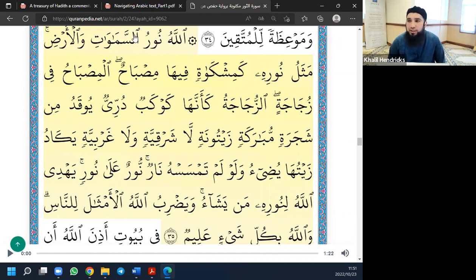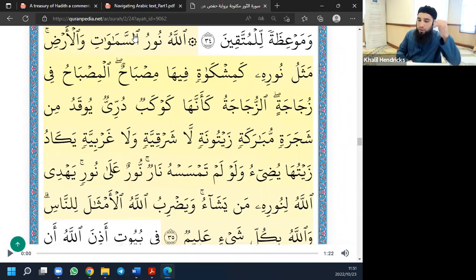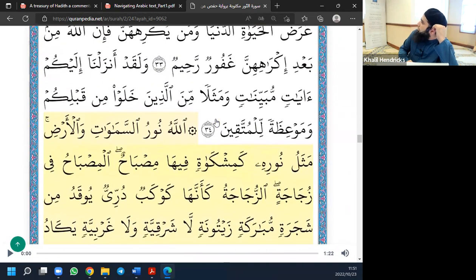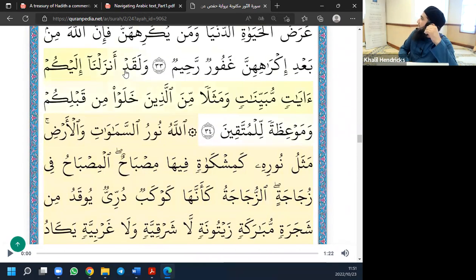We can't just interpret this stuff willy-nilly and say, I'm going to understand this as figurative rather than literal. No. The original state of the Quran is that we understand it literally unless there's something that indicates otherwise. So what indicates otherwise here? The siyaq, the context of this verse. So let's look at what comes before it. Allah subhanahu wa ta'ala says, لَقَدْ أَنزَلْنَا إِلَيْكُمْ آيَاتٍ مُبَيِّنَاتٍ.